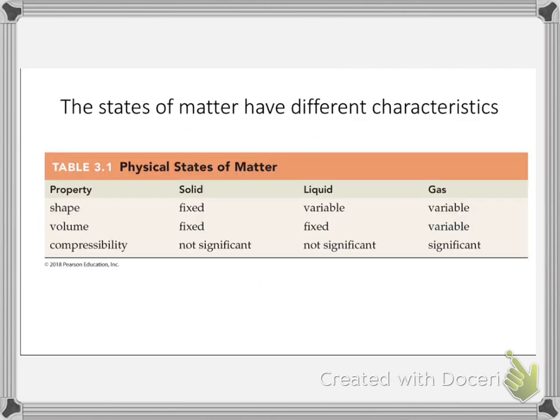So the characteristics of the different states are in this table, which is from the textbook. So just looking at shape, volume, and compressibility. Compressibility is can you push or squeeze the particles close together or closer together.